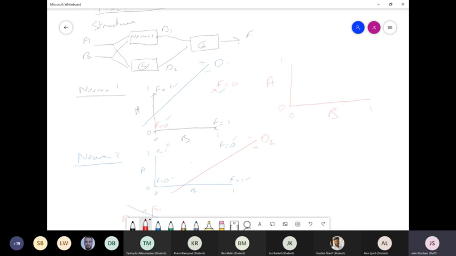I can now plot on that the output F terms when F is 1 for the XOR, and it is going to be 1 when A is 1 and B is 0, or A is 0 and B is 1.